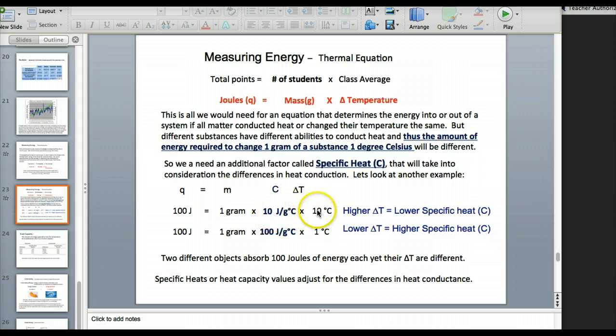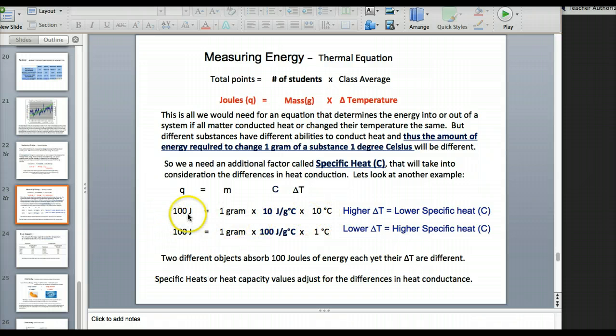So a large change in temperature must mean a smaller specific heat capacity, which means it takes less energy, 10 joules, to move it 10 degrees.